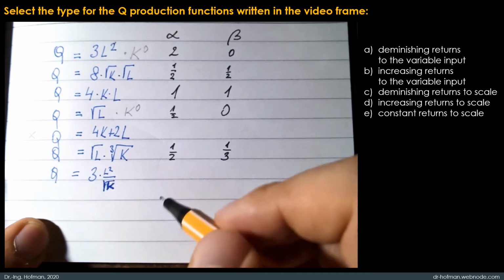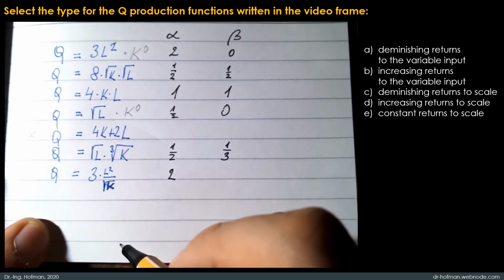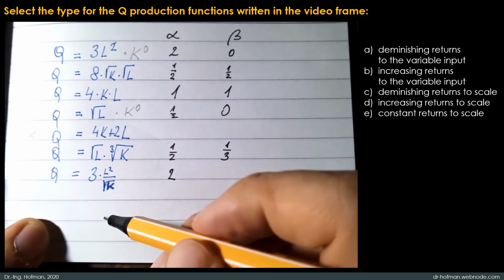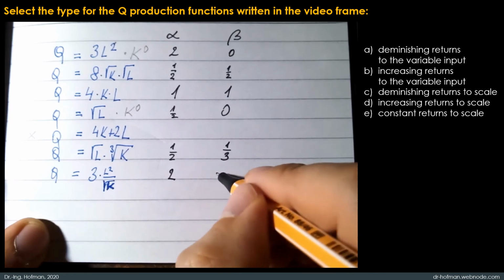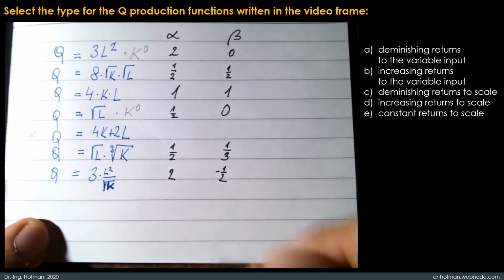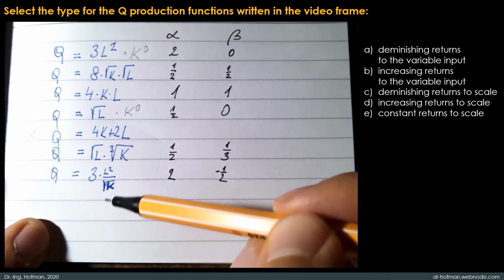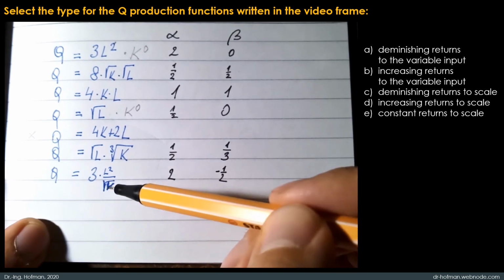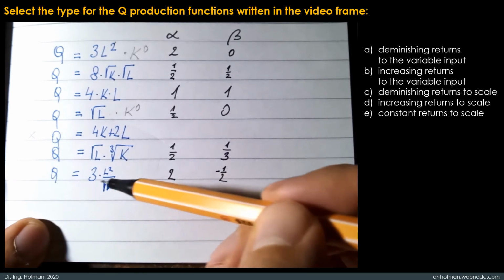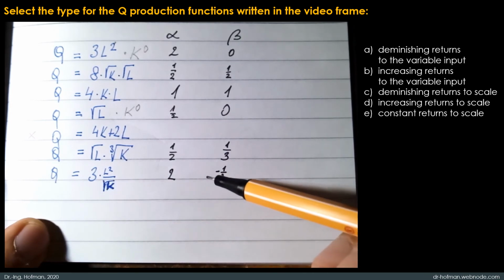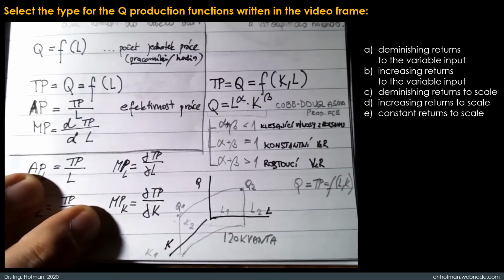And the very last production function, L was squared, so alpha is 2 and K in the denominator to the 1/2 means to the minus 1/2 in beta. Everybody knows that square root of K in the denominator is the same as K to the minus 1/2.